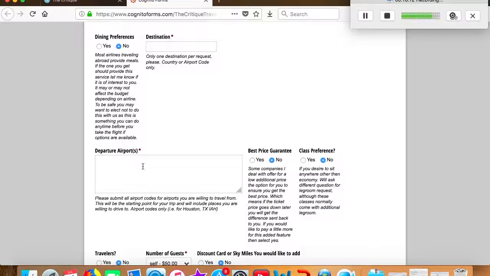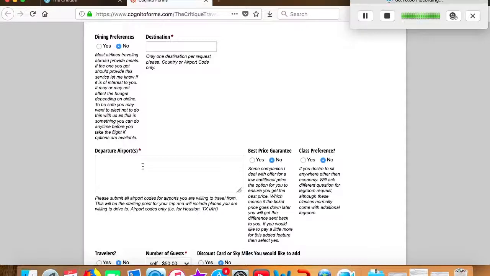In fact, I'm going to go on the record of saying, essentially, if you cannot fly out of an international airport, there's no point in you even putting a bid in, unless your budget is high, because I cannot get you the deep prices for a good rate that way.